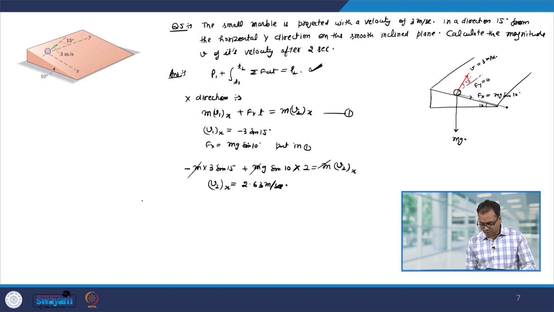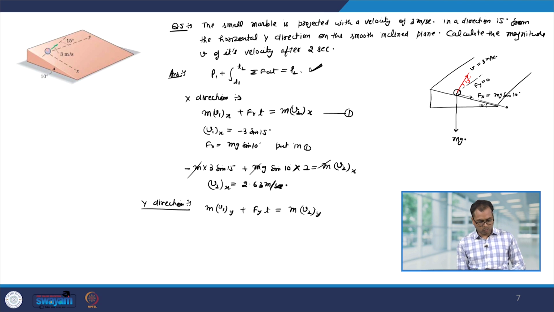Now, let us use this equation in the y direction. We have m v1y plus Fy t equal to m v2y. Now, v1y is equal to 3 cos 15 degree, because the component of 3 along the y direction is 3 cos 15.